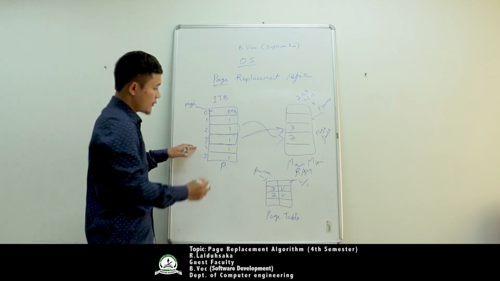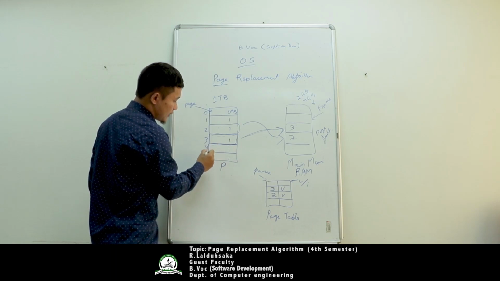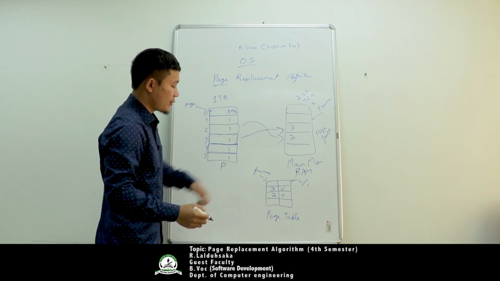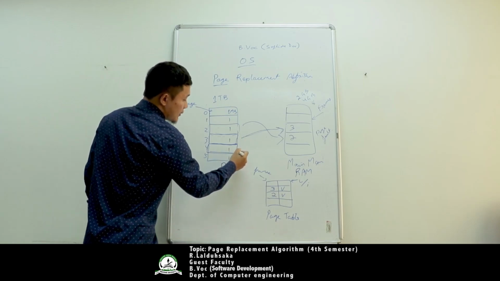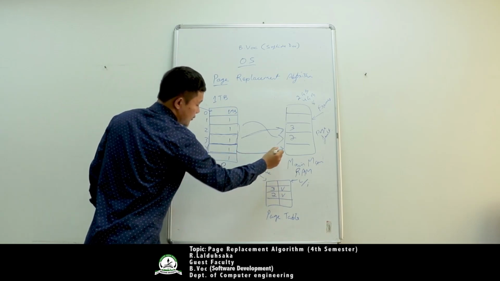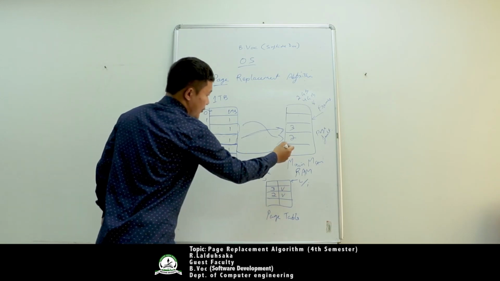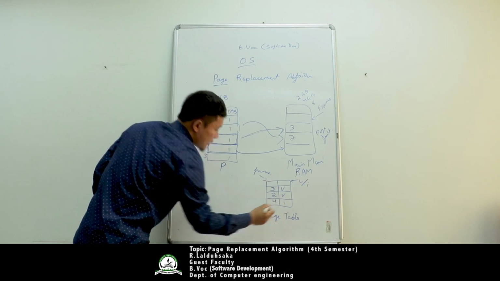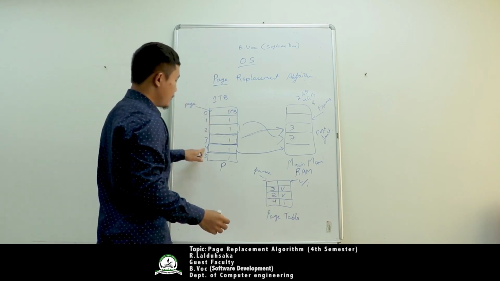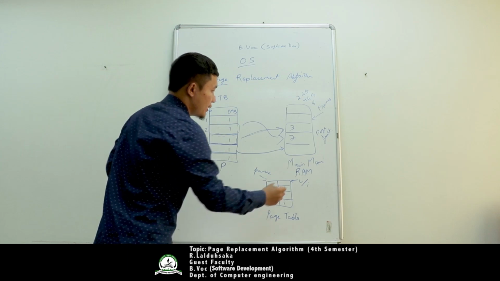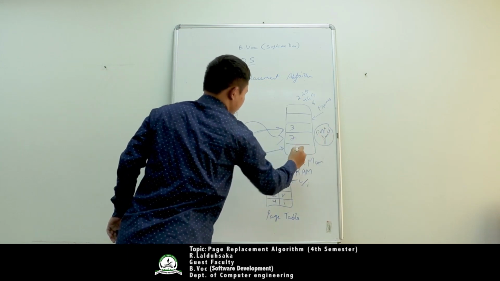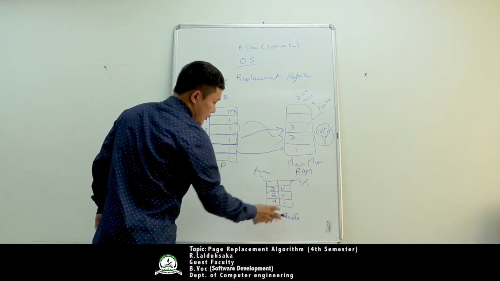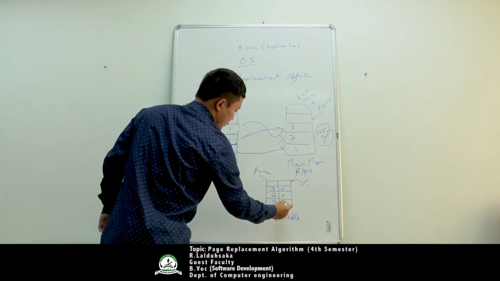For another case, let's say page number 4 needs to be loaded into the main memory. Since there is no 4 in the main memory, it is invalid. When we put 4 into the main memory, there will be a page fault again, and then 4 will become valid.